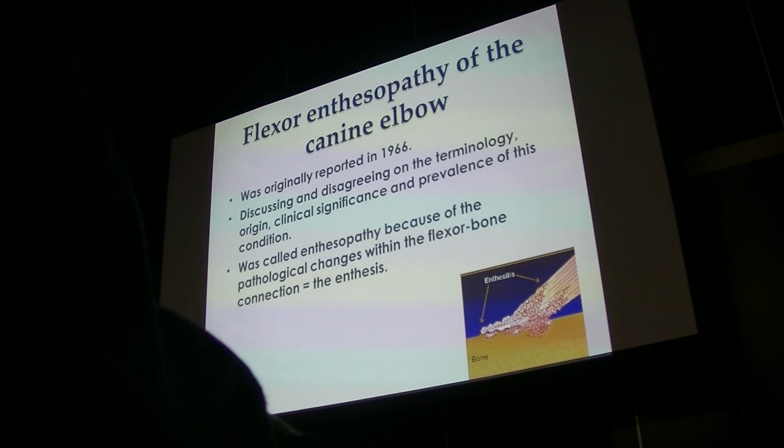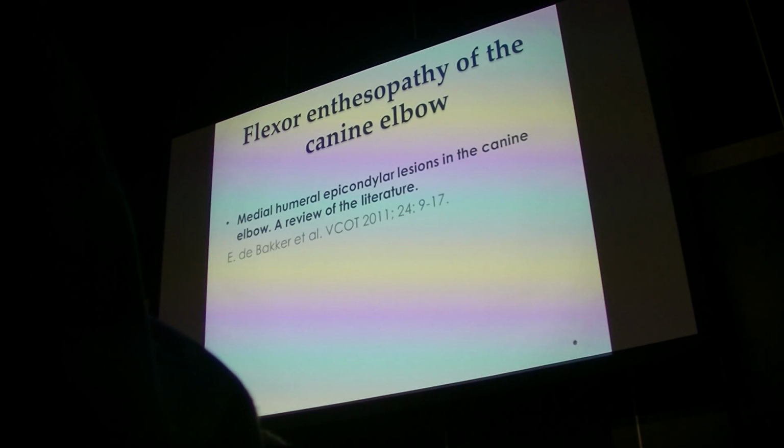So that's why we call it this way, but in the term, no cause is mentioned. The exact cause of this condition is not known in dogs. That's still a debate. Also in humans, they are not really sure.